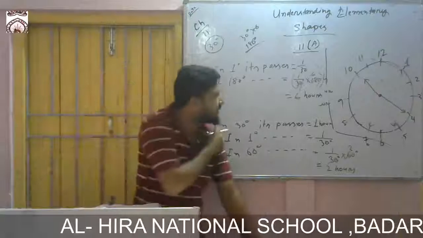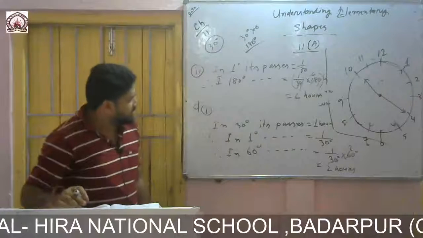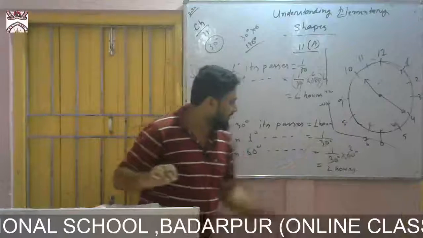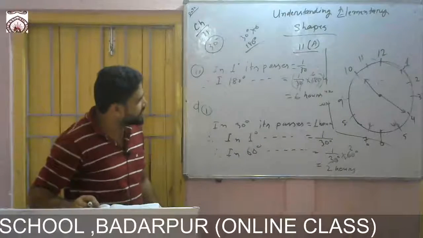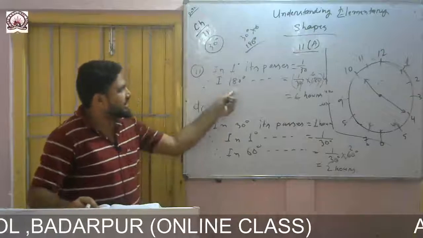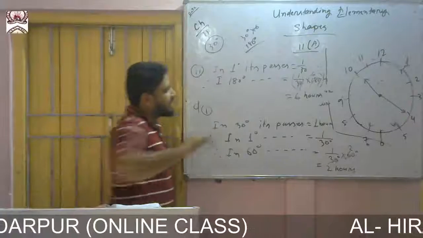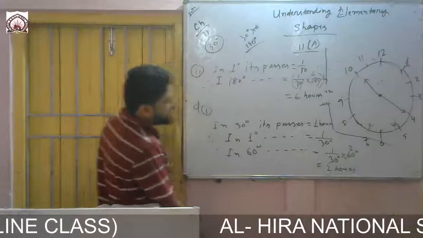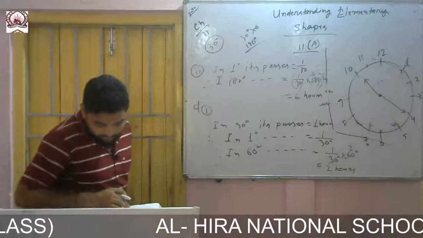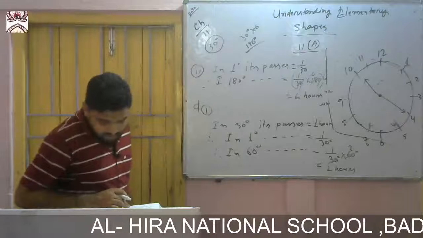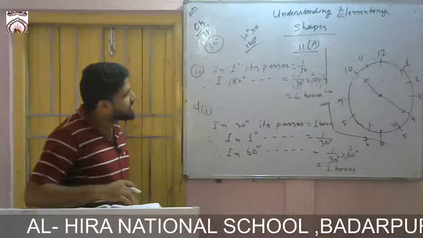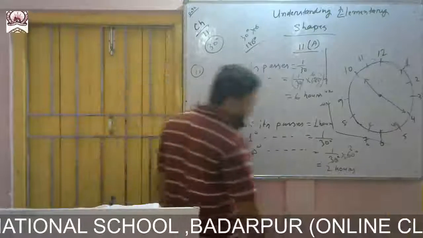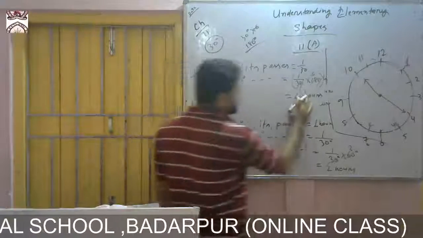Wait, from 180 degree. In 30 degree it reaches 1 hour. In 1 degree it reaches 1 by 30. So in 60 degree it will reach 1 by 30 into 60. So in 180 degree it will reach, 30 cancel 6, it will go to 6.